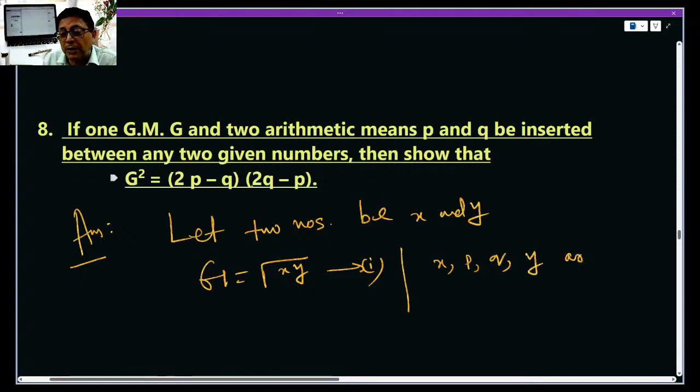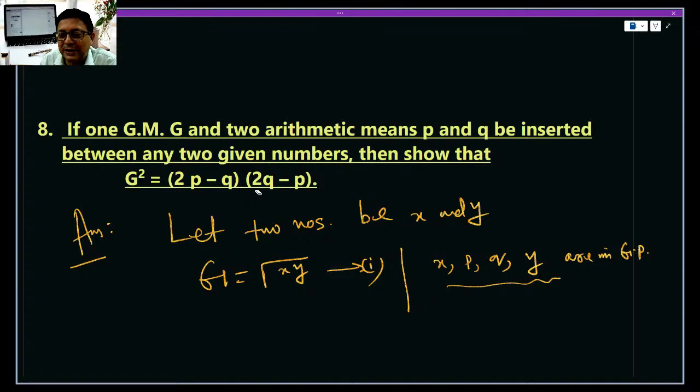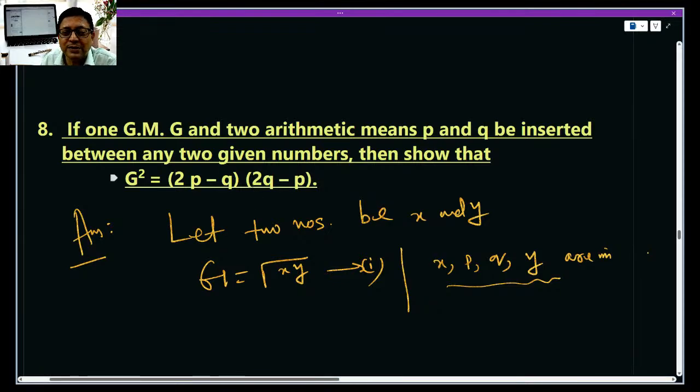So these four terms are in GP. Okay? These four are in GP. No, they are in AP. Most of the students make this mistake like me. They are given in AP. These four terms are in AP. Two arithmetic means P and Q inserted. Okay?